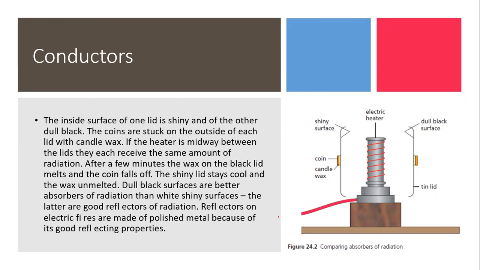That is why cars that are painted black tend to be hotter compared to cars that have been painted white. Why? Because black is a good absorber of heat, so the car tends to get hotter. So dull black surfaces are good absorbers of heat. White shiny surfaces are bad absorbers of heat.